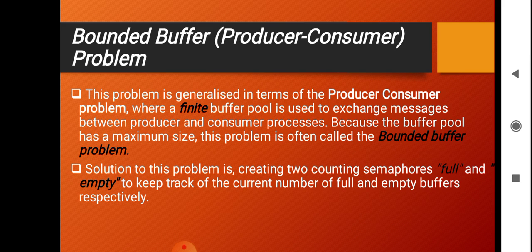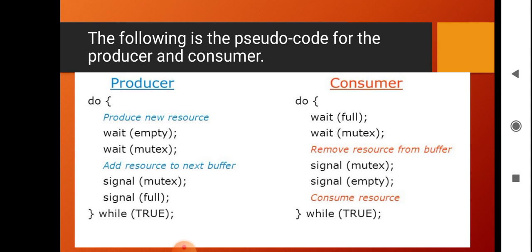Before explaining the structure or the pseudocode of producer and consumer, you should remember that the concurrent execution of both producer and consumer processes takes place by sharing a common buffer, which is filled by the producer process and emptied by the consumer process.